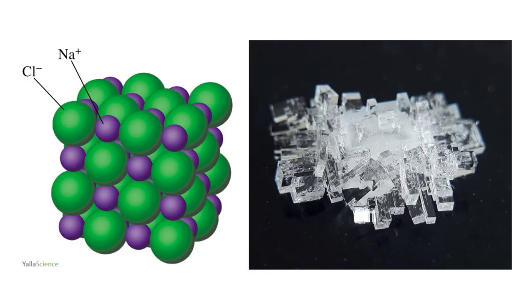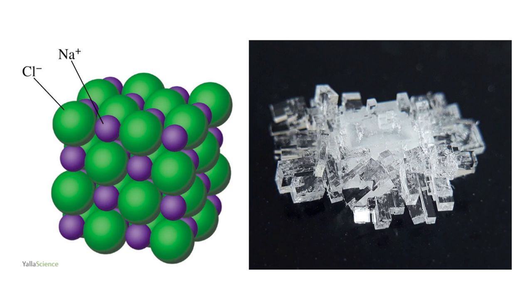Here we see a diagram of NaCl at the molecular level, and you see that the sodium ions and the chloride ions repeat themselves in a very regular pattern. And you can tell that this cubic structure on the microscopic level repeats itself so many times that we see that same cubic structure, these 90-degree angles, on the macro scale.